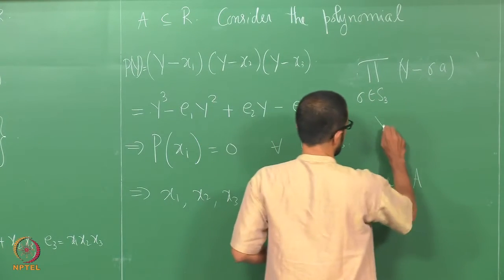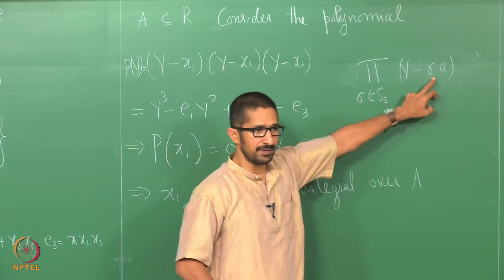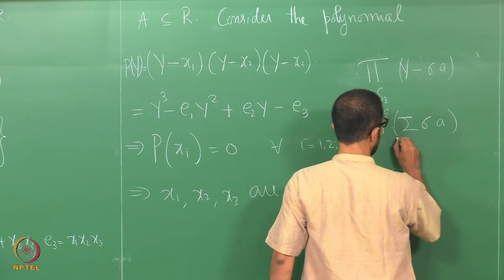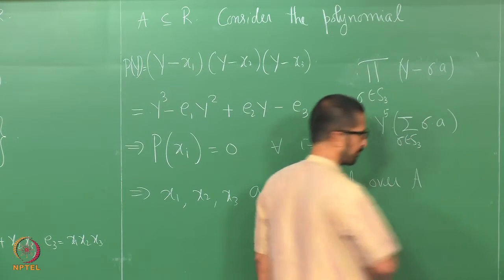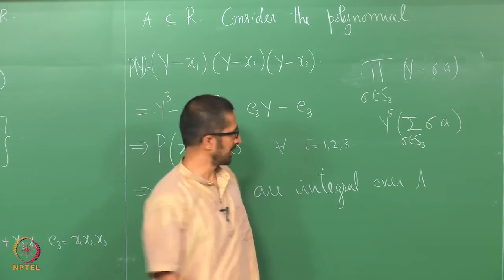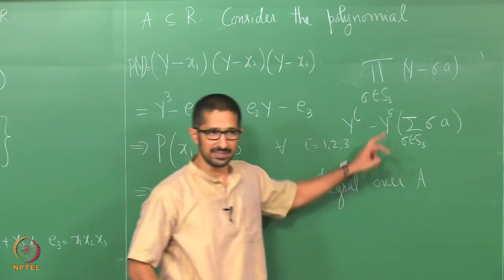What is the coefficient of y power 5? It will be the summation of sigma dot a, sigma in S3, with a minus sign. This polynomial will be y power 6 minus this one.